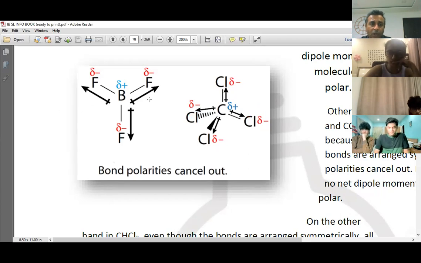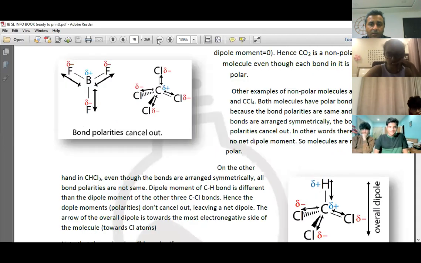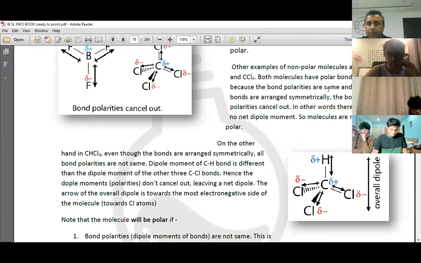Now we'll see examples of polar molecules. CHCl3. In this, this bond is polar, this bond is polar, this bond is polar. So the dipole is in the direction of chlorine, chlorine and chlorine.